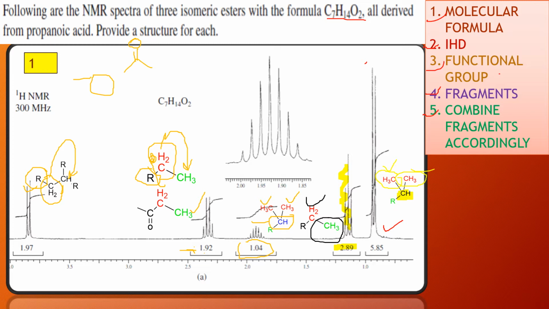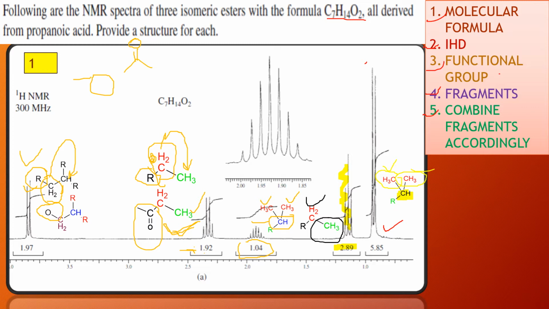You can see here this group, basically this peak, the chemical shift value is low here, so it would be attached to the carbonyl group. And this one, because the chemical shift value is high, you can see this CH2 would be attached to what? Oxygen, right?